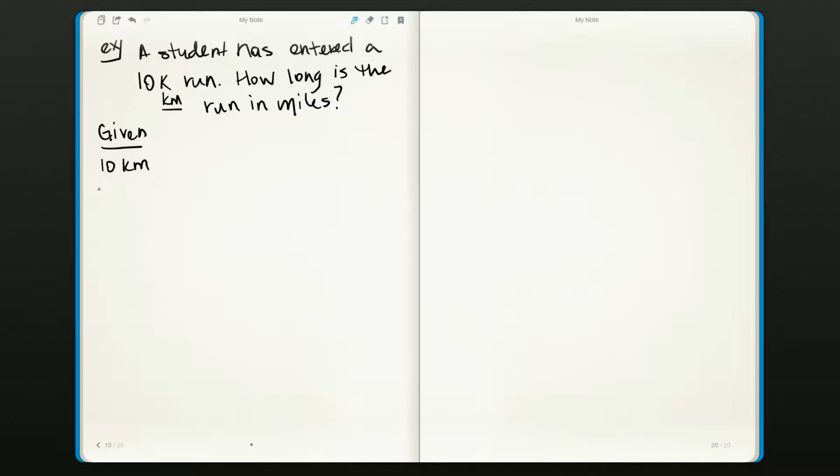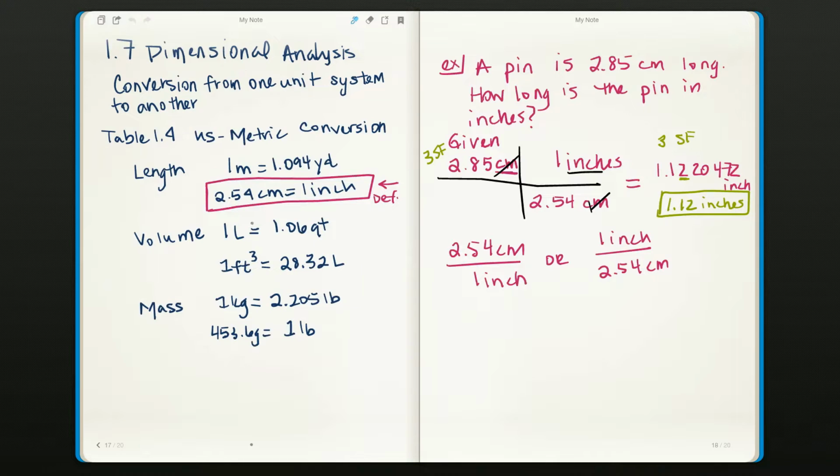So we're going to go from kilometers to miles. Okay, now we do have a conversion factor here that they gave. 1 meter is equal to 1.094 yards.